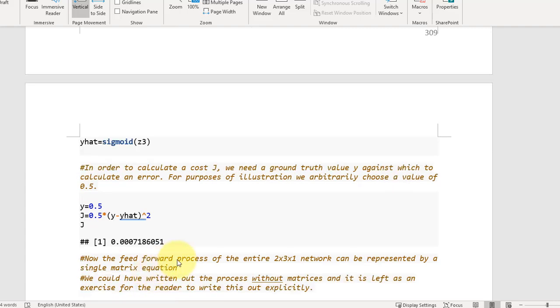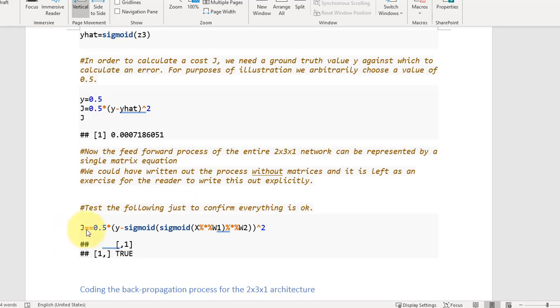Now the feed-forward process of the entire 2x3 network can be represented by a single matrix equation. So let's see that. Here it is. We can say J, the true value is 0.5, of course, y minus... notice that we have just the original information here.